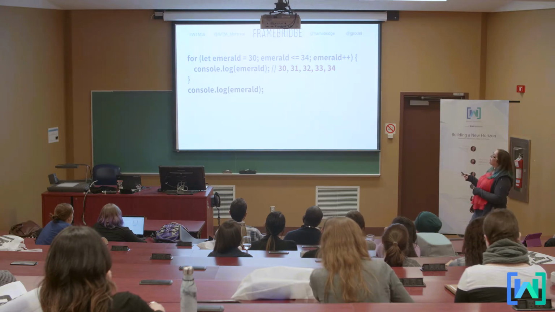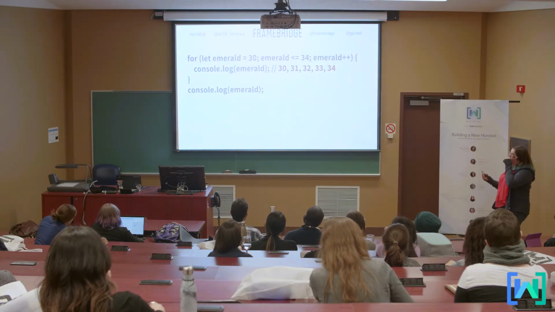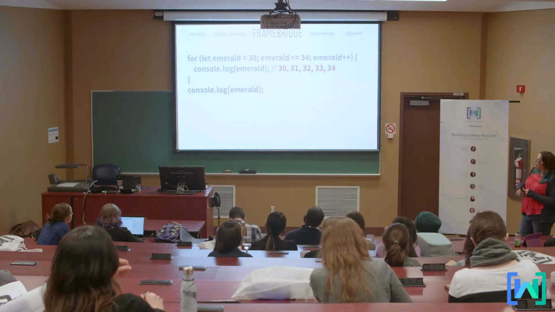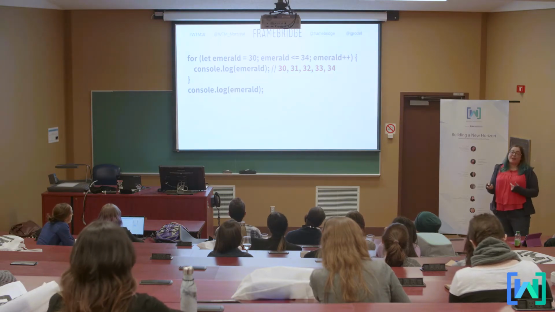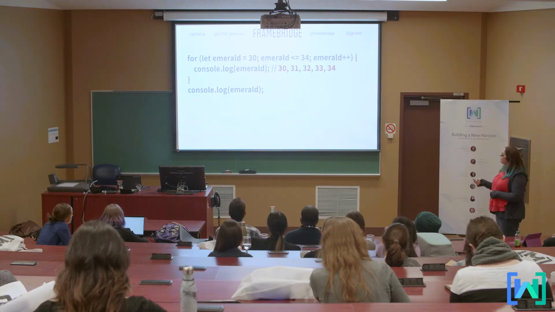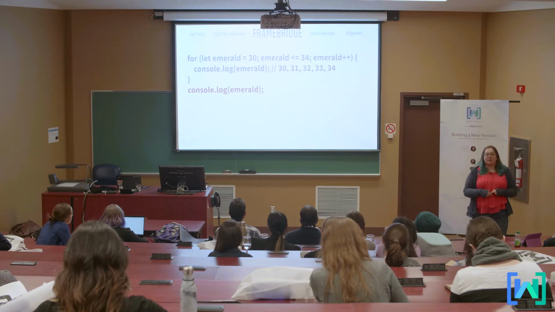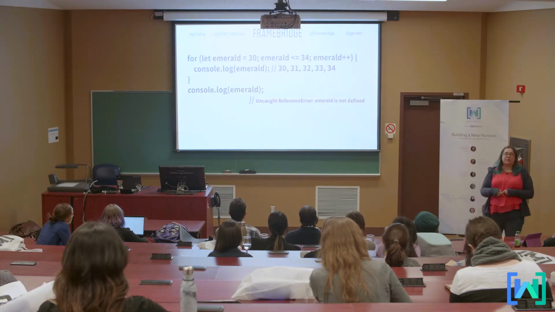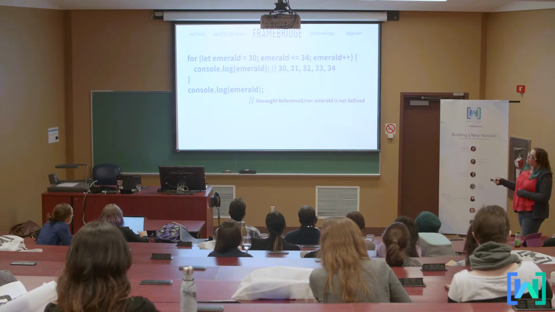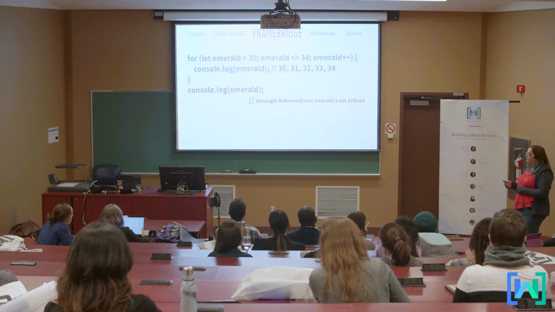After 34, we increment emerald again, we get 35. 35 is not smaller than or equal to 34, so we finally have a false, and we break out of this for loop. If we come down here and try to take a look at emerald, we'll get a JavaScript error because it's only available in this code block here because we defined it with a let.